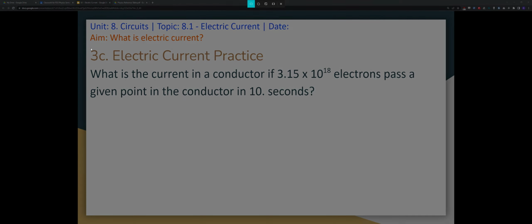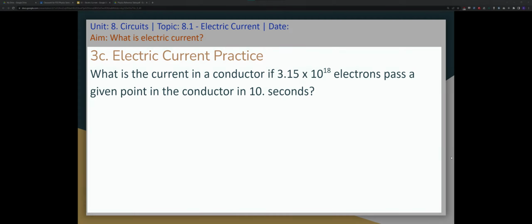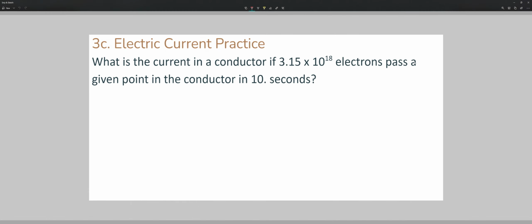Now we get to 3C. It says you have in this conductor 3.15 times 10 to the 18 electrons. But electric charge Q is measured in coulombs. So we have to convert the number of electrons into electric charge.